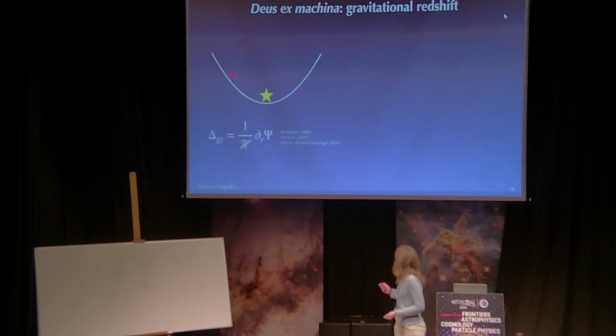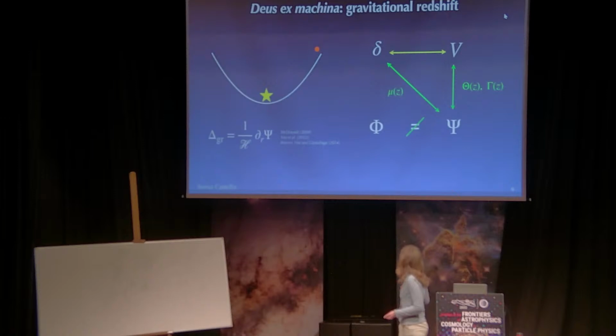And thus, when they emit photons, these photons will lose energy in climbing out of the gravitational potential and will thus be redshifted. So you can see here the theoretical expression for this potential, which is directly related to the potential psi. So this effect will provide us with a way to directly measure this potential, and so it will give us a way to directly probe the Euler equation.